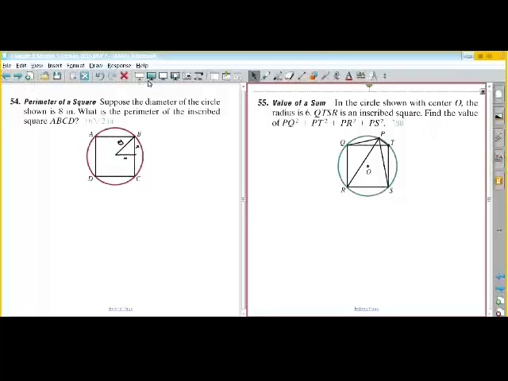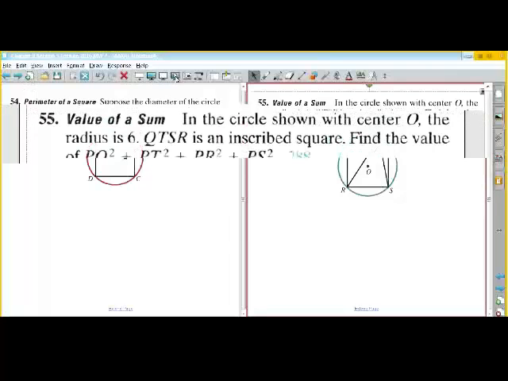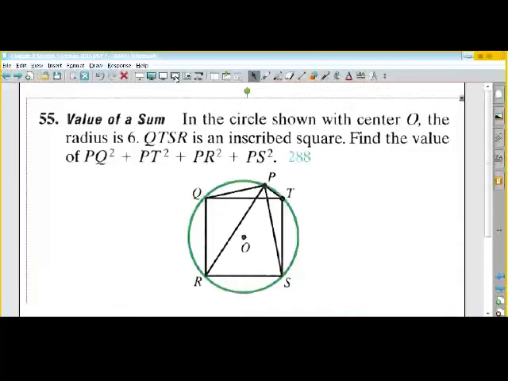Okay, this is a little more difficult. It says, in the circle shown with the center O and the radius 6, QTSR is an inscribed square. We know what that is because we just did 2 problems. The square is defined by 4 letters, QTSR.